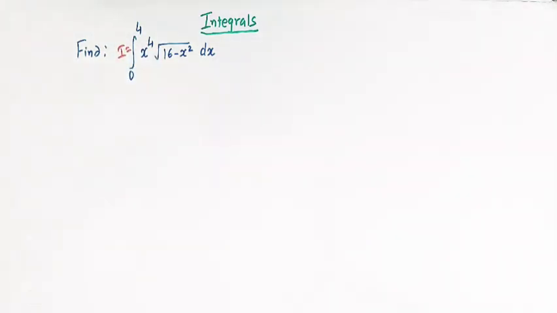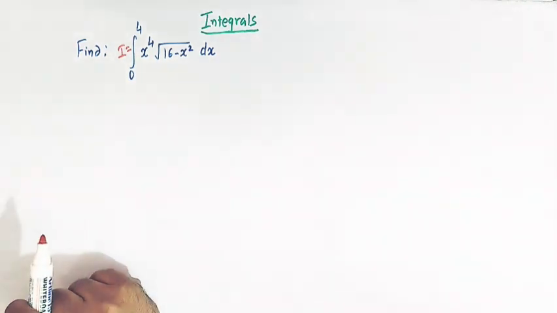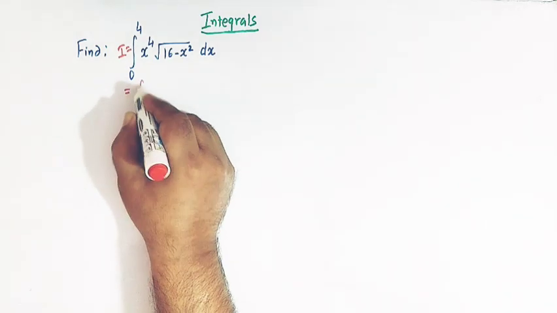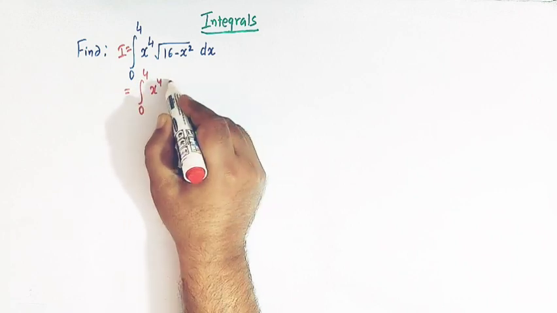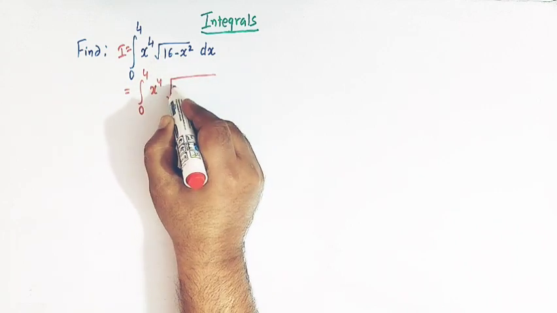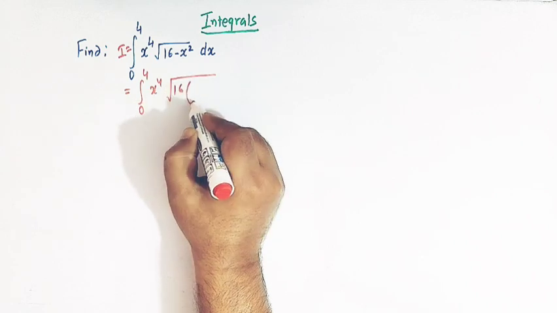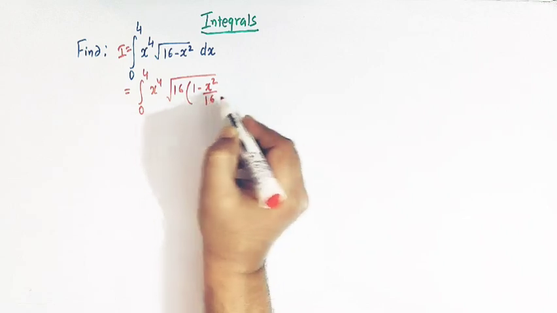So let us start. Viewers, what we will do here is make use of the method of substitution. First we'll write this integral as 0 to 4 of x raised to 4, and we'll take 16 common, like this: 16 times (1 minus x square over 16).